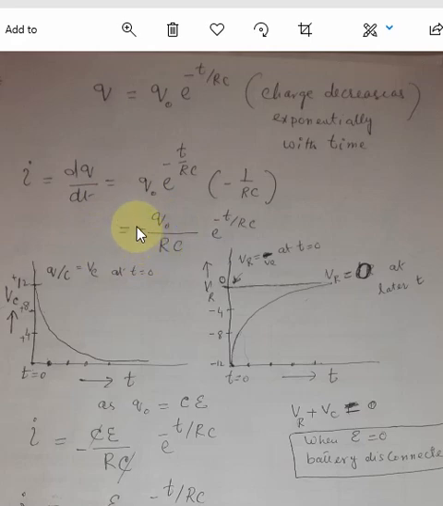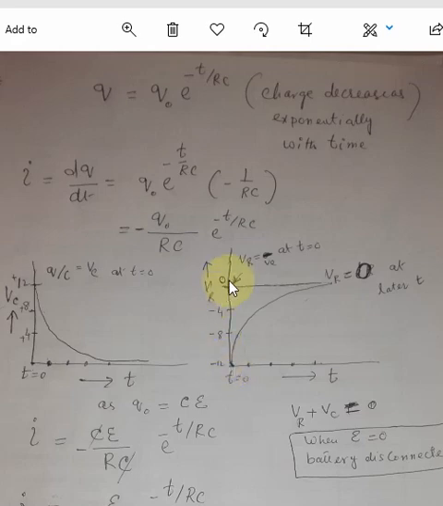So this negative sign indicates the reversal of the direction of the current in R. At this point VR is equal to 0 and the current is negative, so it means that the voltage across R is now negative, or the polarity of the voltage across R is reversed, and now it is negative in the discharging process.